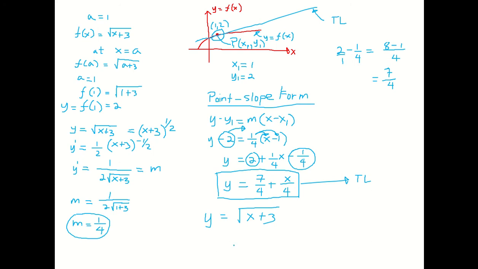So instead of using this one, we can approximate that our y, since y is equal to this one for the function and this is for the tangent line, so the square root of x plus 3 is just approximately equal to the tangent line, which in this case is 7 over 4 plus x over 4.